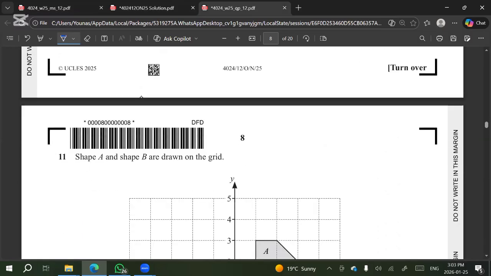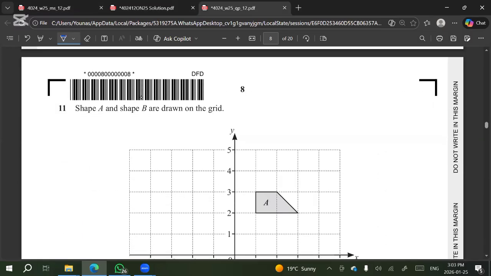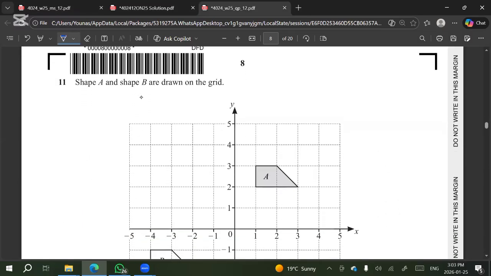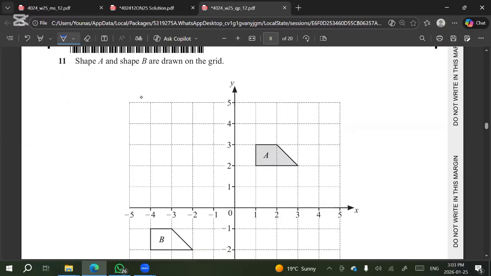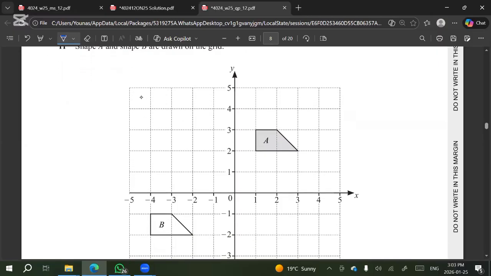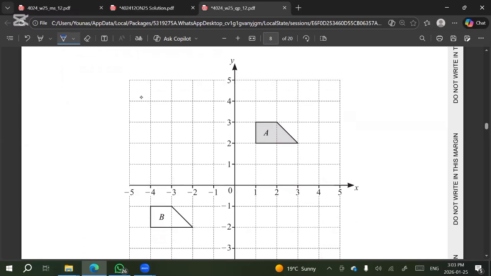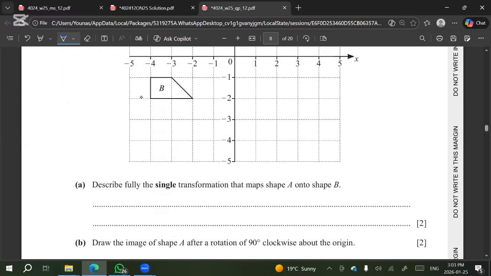So the next question is coming up on your screen. He says shape A and shape B are drawn on the grid. Okay. So here we have shape A, question number 11. Shape A and shape B are drawn. So what is their first question? He says describe fully the single transformation that maps triangle A onto triangle B. So this is my object and this is my image.